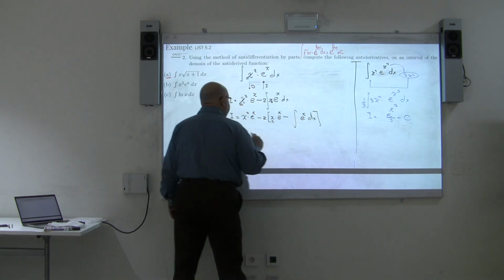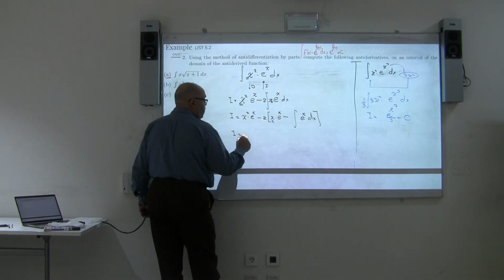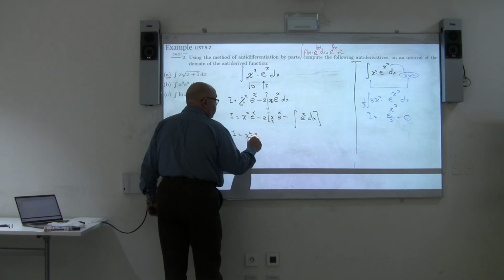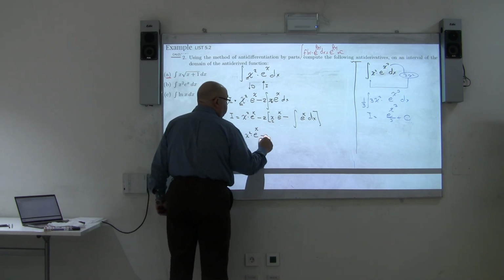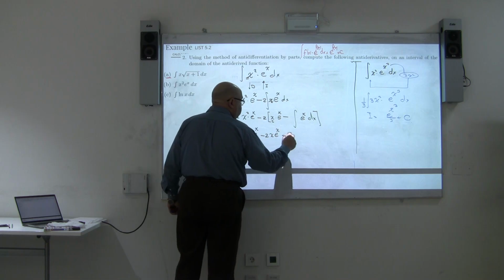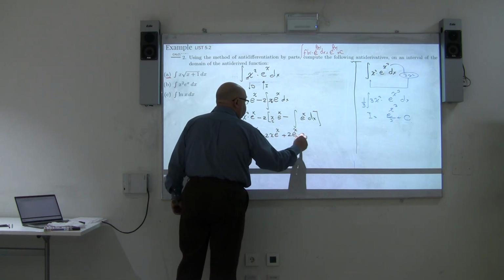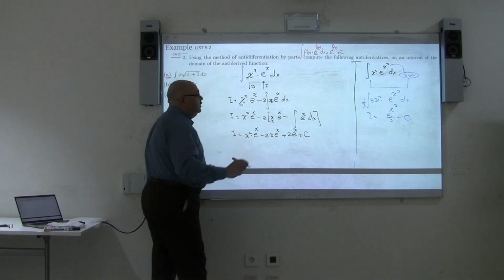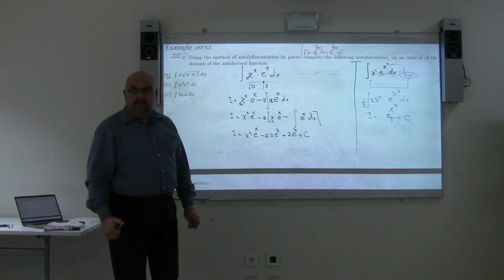And then I will finalize all of this. So I will have x squared times e to the power of x minus 2 x e to the power of x plus 2 e to the power of x plus a constant of integration, as you can see.